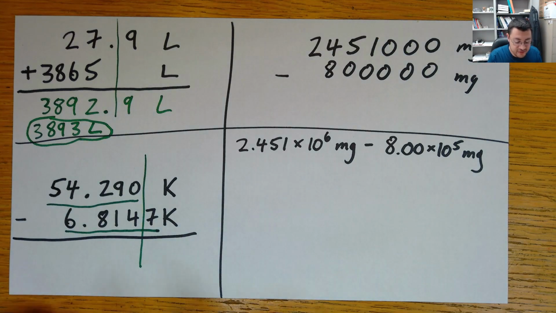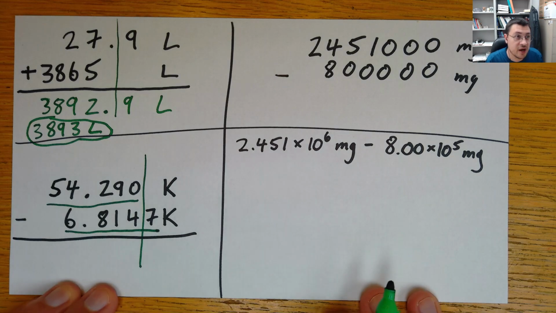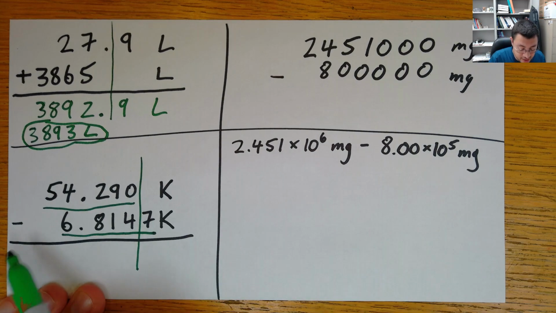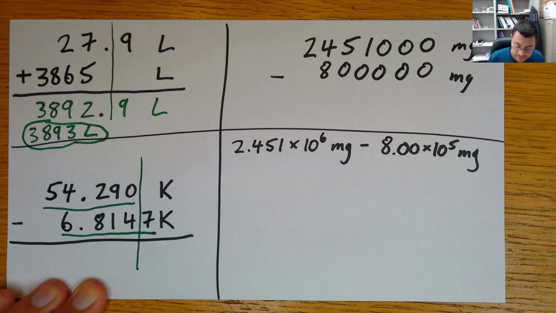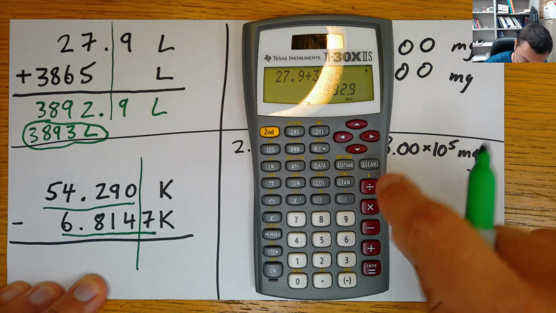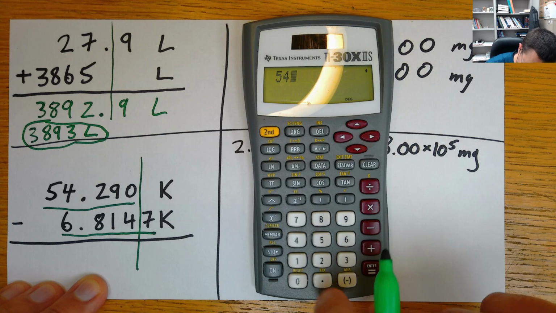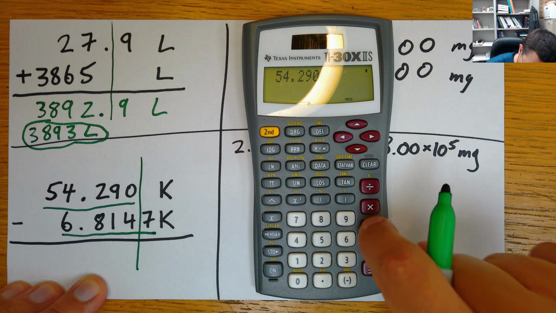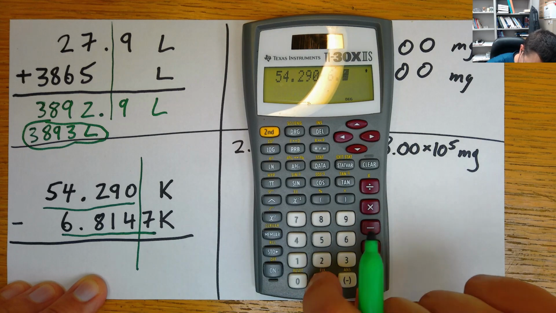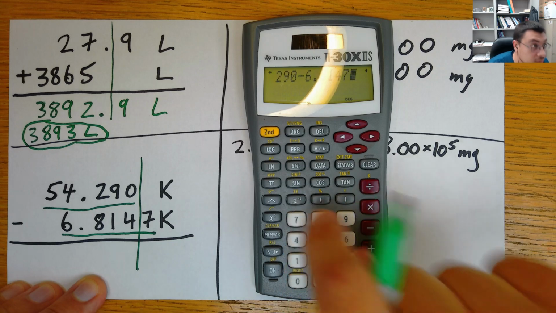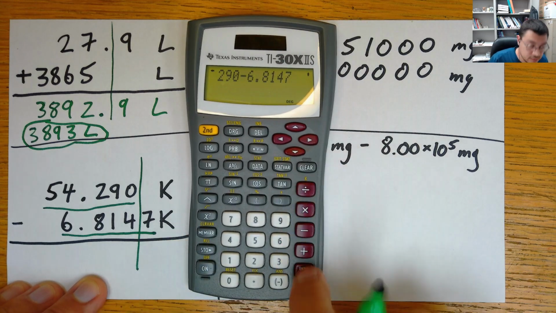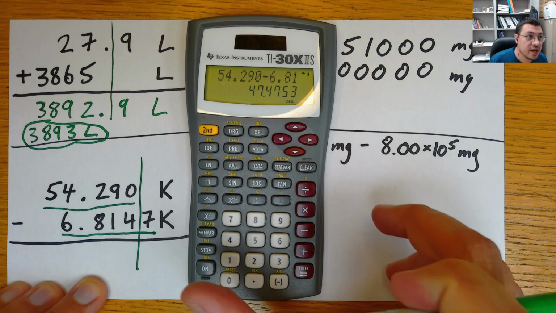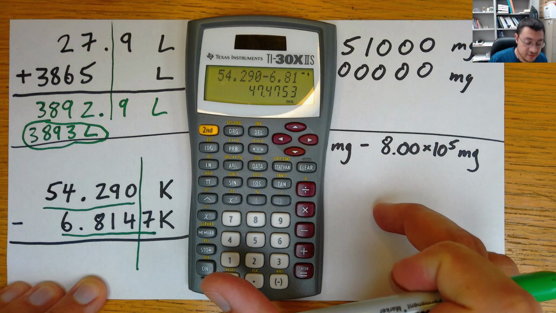All right. Here's my underlying sig figs to make sure we're on the same page. So we have 54.290 kelvins minus 6.8147 kelvins. Okay, 47.4753.